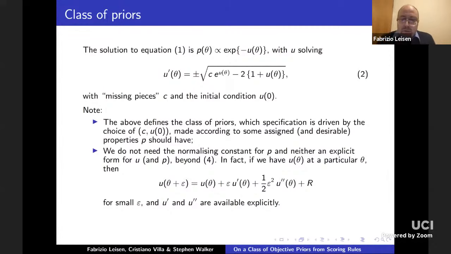This Taylor expansion is not difficult because the derivatives can be expressed in terms of the function u. For instance, in the differential equation in equation 2, you can see that u prime depends on u. If we iterate this differential equation in terms of derivatives, we can get similar expressions. And so it is very easy to implement. However, I want to show you a couple of examples where the solutions are actually explicit.